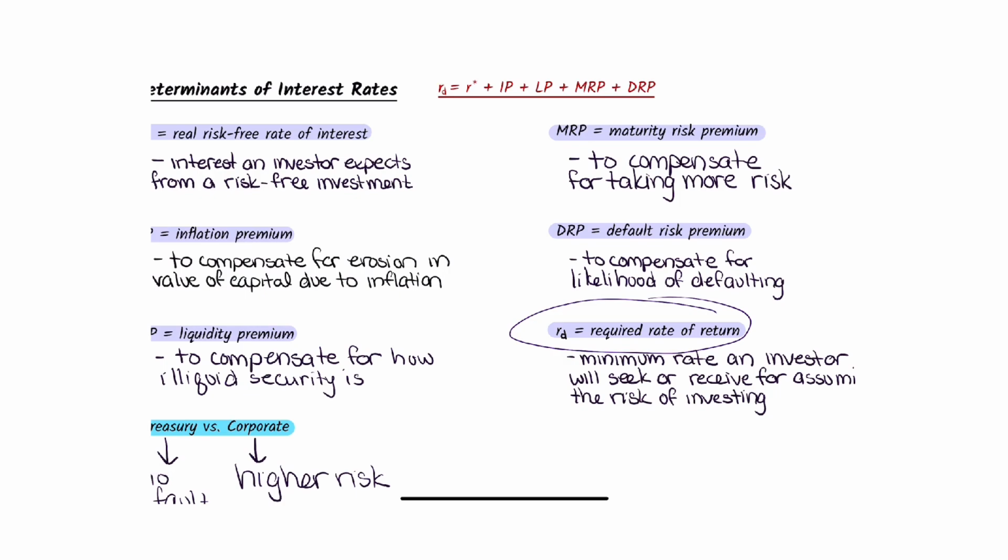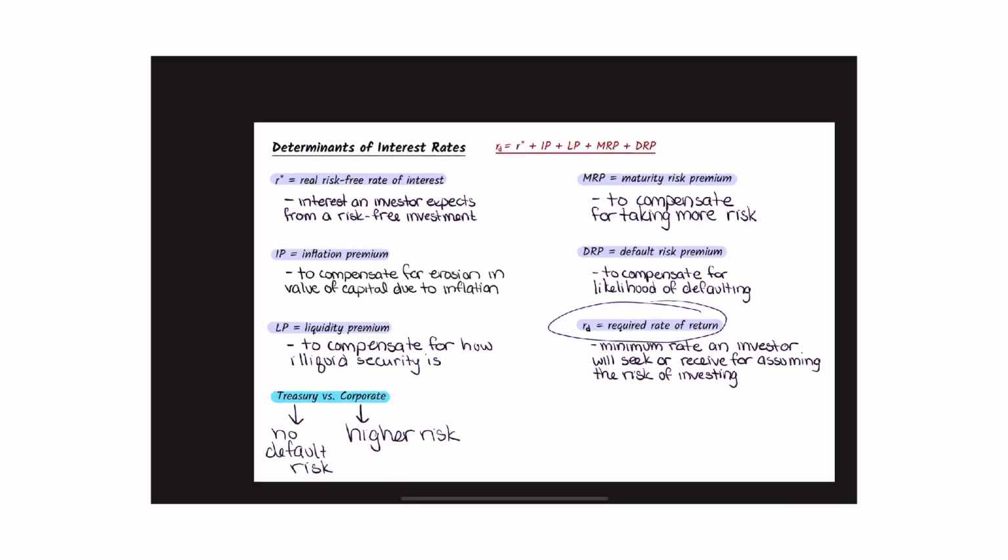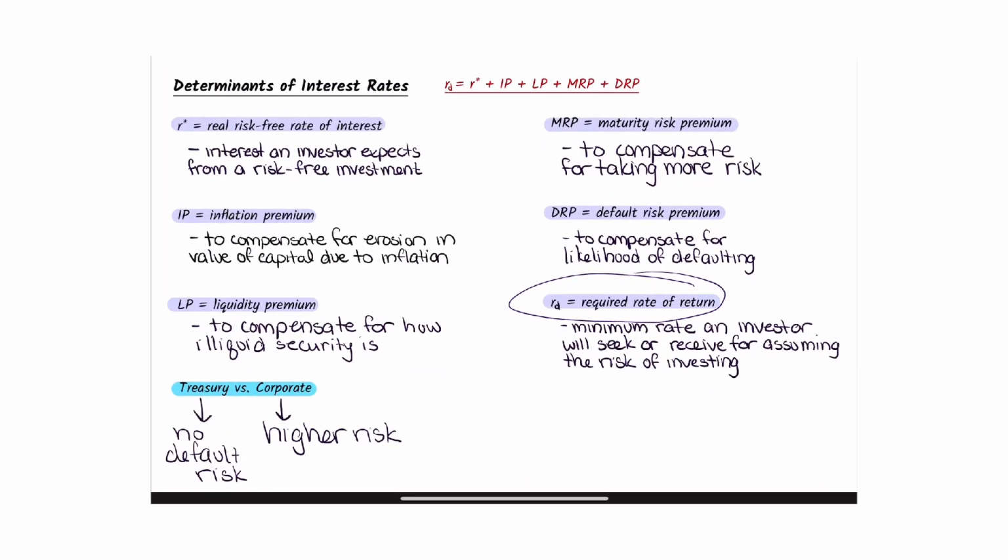So what actually determines the interest rates of the bond, or the RD, the yield to maturity? Because RD here is essentially what you get as a whole, including the compounding payments and then the bond payment itself. So it has a bunch of parts here.